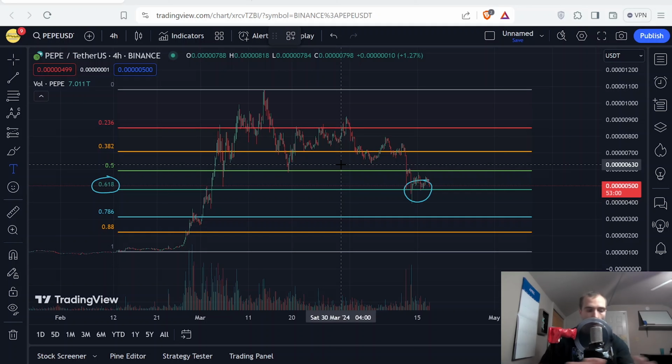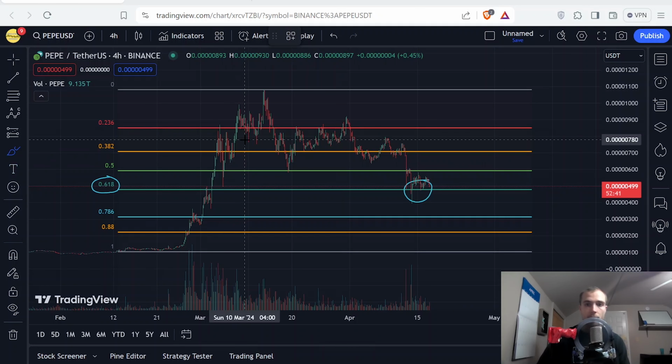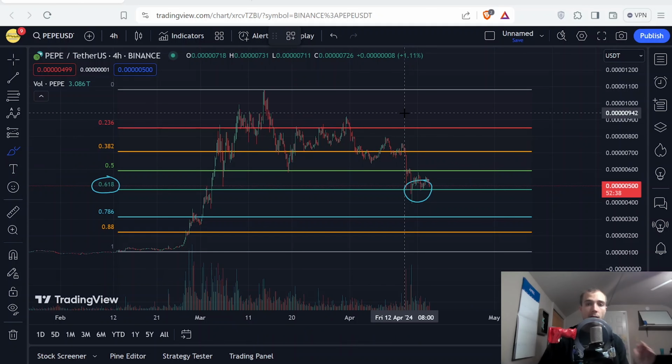That's that golden spot where the buying is the best. And if you buy above that level, it's probably going to go a little bit lower. And if you buy below that level, it depends on the cycle. But definitely that .618 level is one of the best buy zones. So Pepe landing onto that .618 looks really, really good.